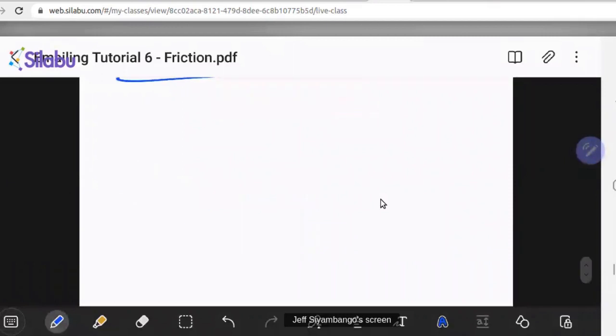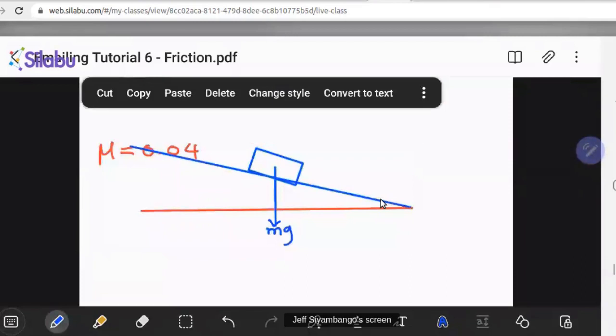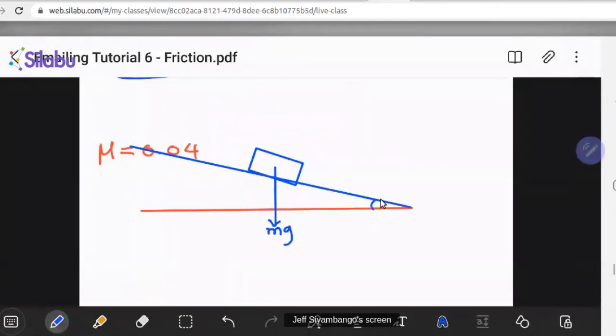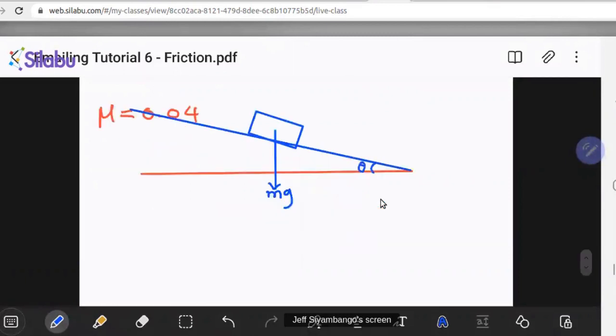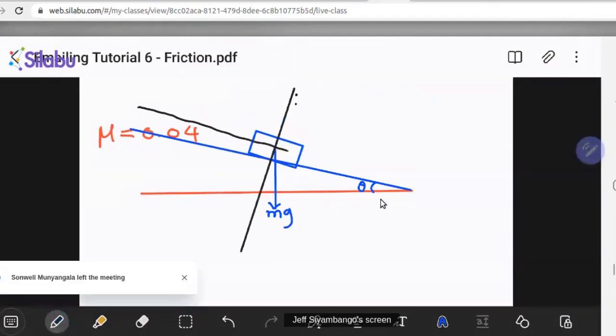So what you have is something like this. What you want to find is the angle here such that the egg is just about to slide. Now, how do you proceed from here? The new y-axis will have to be an axis perpendicular to the inclined plane, something like this, and the new x-axis will have to be something like this.